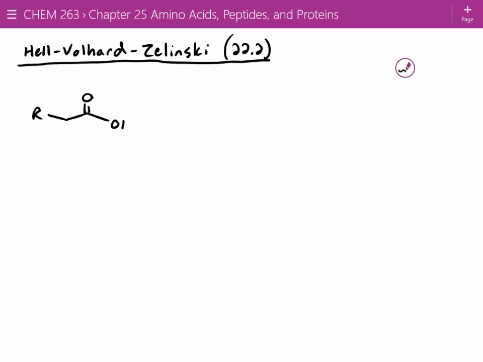We take a carboxylic acid and we want to alpha halogenate it. What reagents do we need in order to do alpha halogenation of a carboxylic acid? PBr3, bromine, and then... Yep, and then acid or water, and it's good enough.